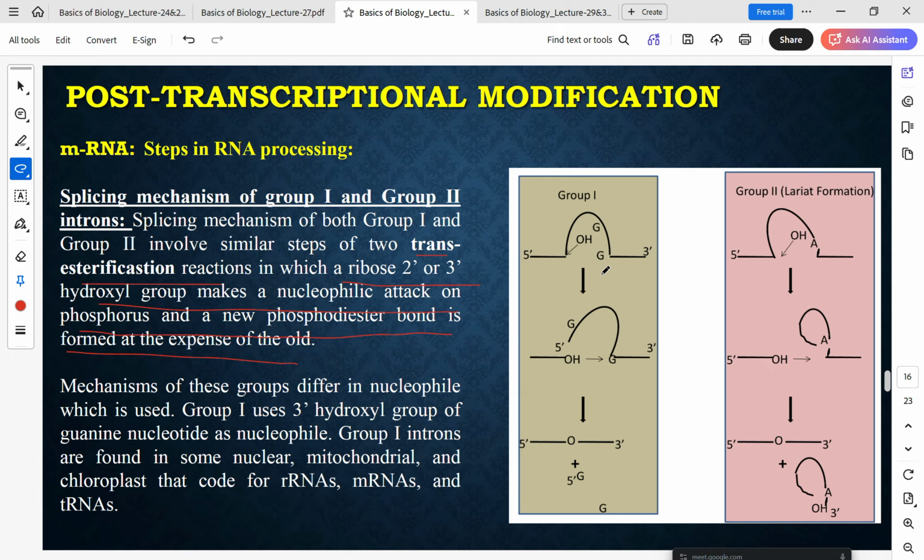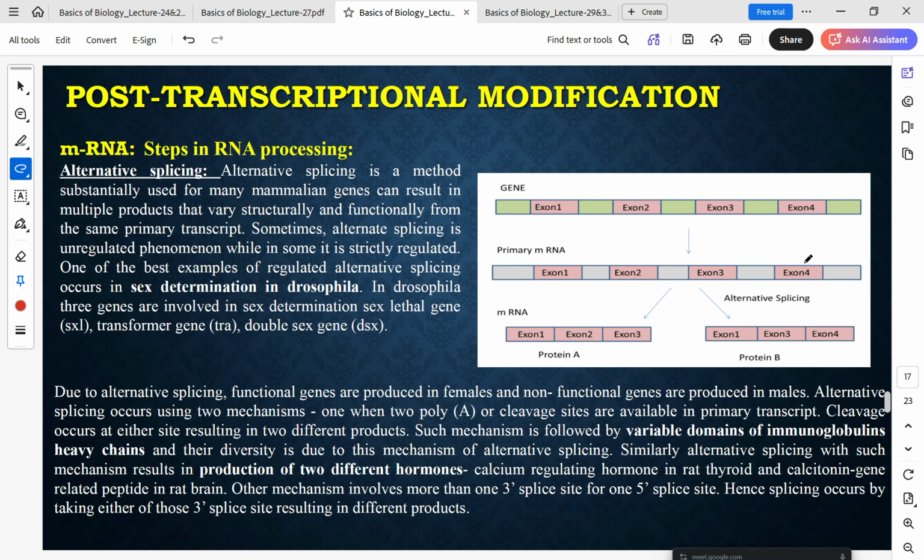In case of group 1, the guanine nucleotide is the nucleophile, whereas in case of group 2, it's the adenosine where the formation happens. And there is other spliceosomal machinery beyond the scope of this course, but in the end, all the introns get removed, and some or all of the exons are kept within the mRNA.